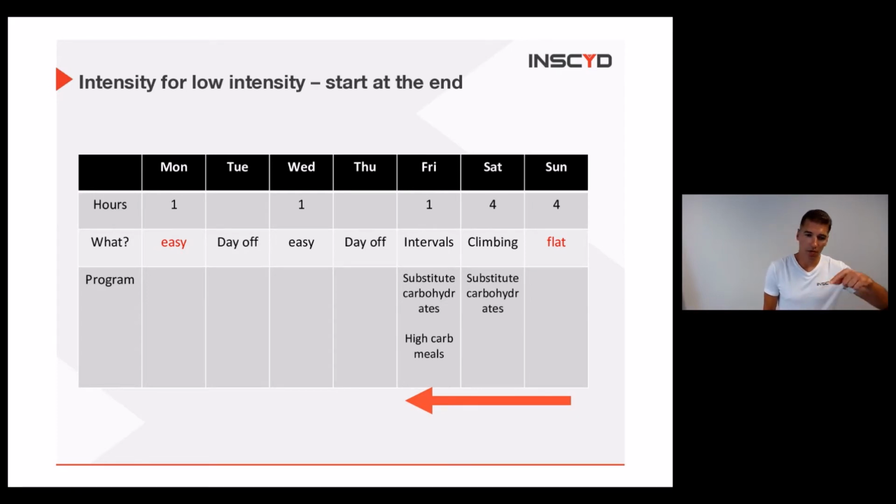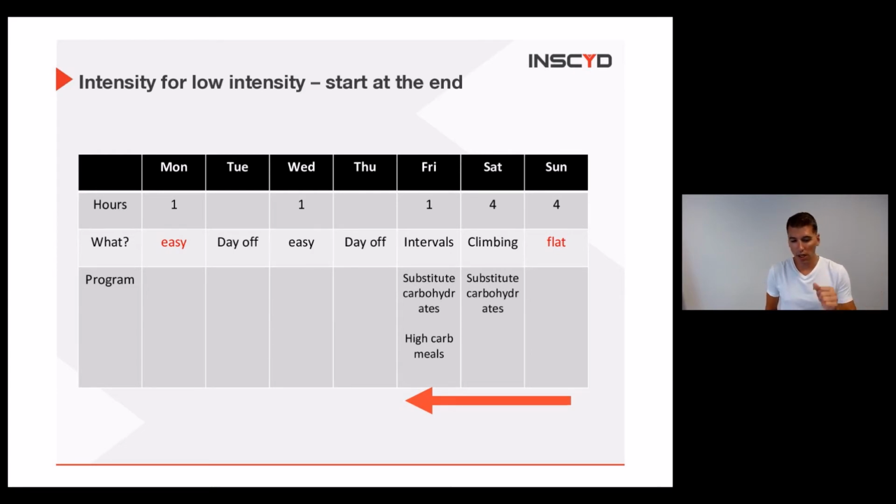However, because you have the climbing intensity, the climbing on Saturday, you want to make sure that the athlete maybe substitutes carbohydrates in his interval training, and he wants to maybe have high carbohydrate meals to be ready for the climbing on Saturday. Okay. Now on Saturday, you want maybe also to substitute carbohydrates during the training so that the athlete doesn't run low or bonk, right?